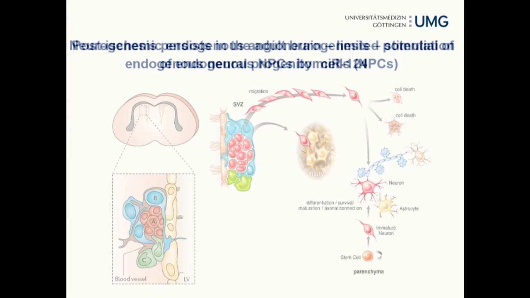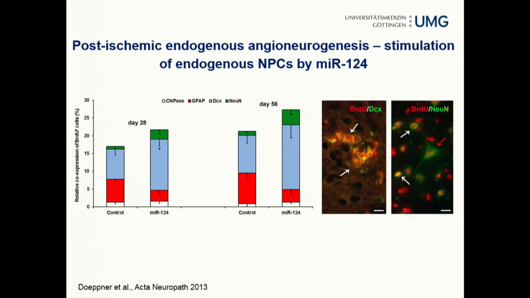How can you do that? Well, you can protect the NPCs by enhancing the resistance within the ischemic milieu, or you can try to stimulate NPCs per se. And that is, for instance, what we did back in the day by injecting a viral vector that contained a microRNA, in this case microRNA 122, which induces a neuronal phenotype during ontogenesis of the brain.